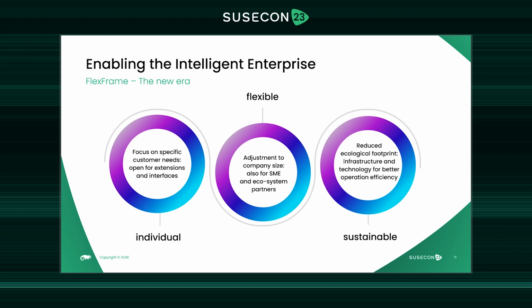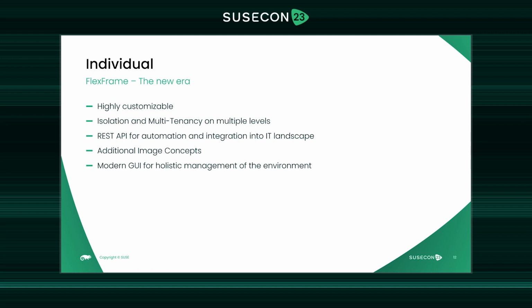So FlexFrame is designed to be very individual, flexible, and sustainable. And we are looking at each area one by one in the following. Let's firstly look at individual. Why is the new FlexFrame individual?